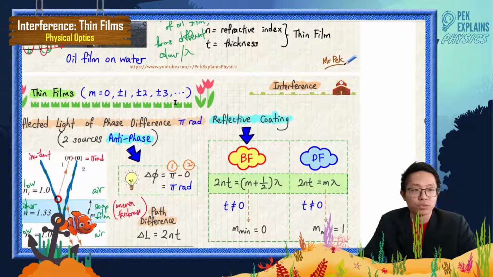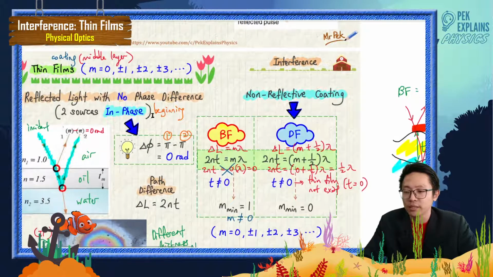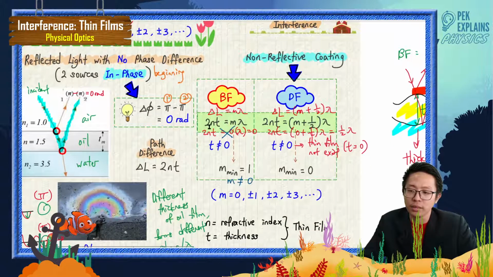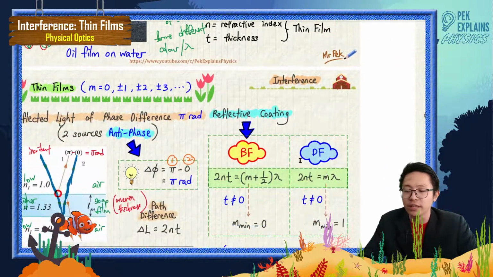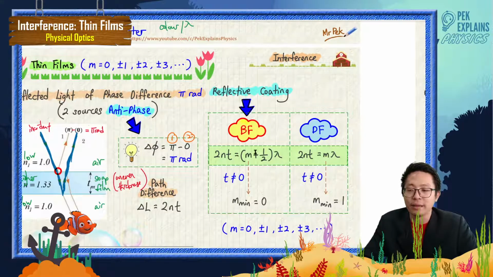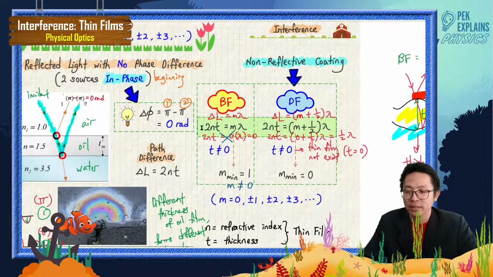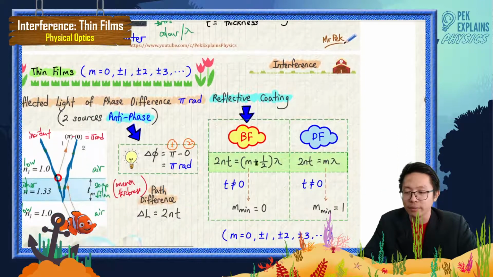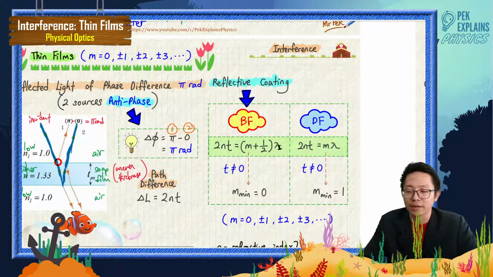In phase, the formulas are 2nt equals m lambda and 2nt equals m plus half lambda. Anti-phase just inverts them: m plus half lambda becomes the bright fringe, m lambda is used for the dark fringe. The formula is still 2nt, still the same.